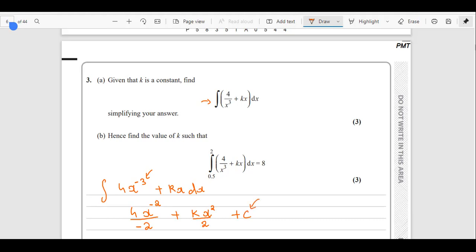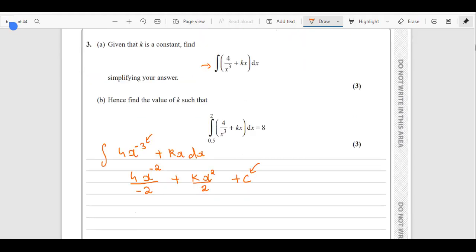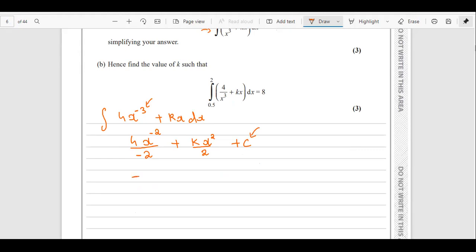Let's simplify it a bit: minus 2 x to the minus 2 plus k x square by 2 plus c. Is it clear?